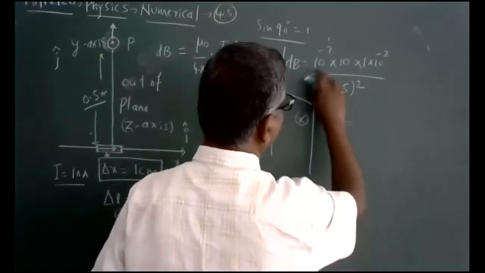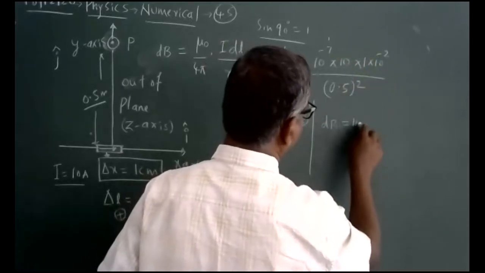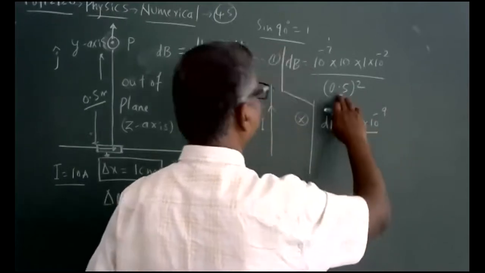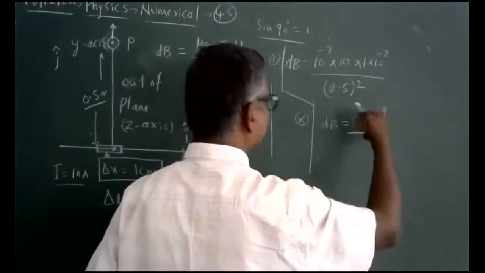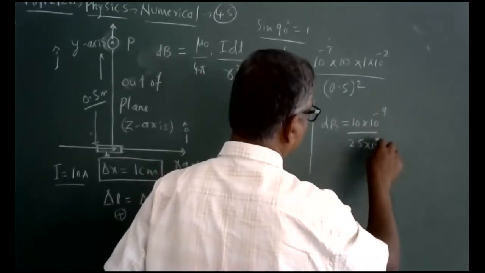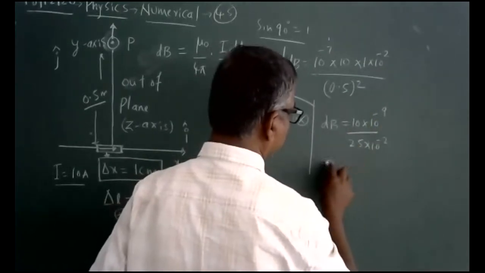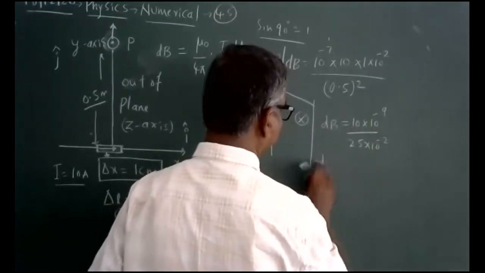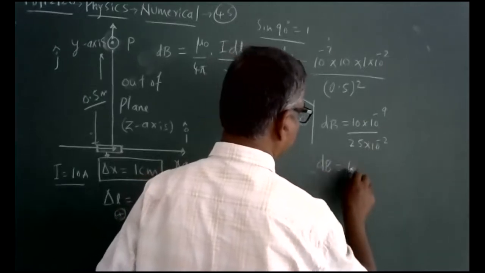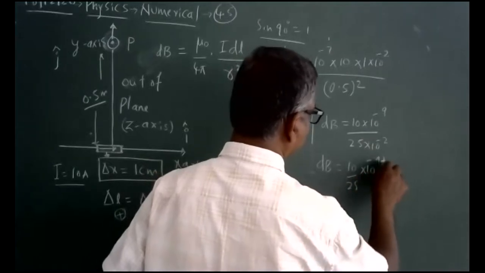dB is equal to 10 raised to minus 7 into 10 raised to minus 2, and the 10 becomes 10 into 10 raised to minus 9. In the denominator, 0.5 is 5 into 10 raised to minus 1, so squared it becomes 25 into 10 raised to minus 2. Minus 2 in the denominator becomes plus 2. So dB, this magnetic field, is equivalent to 10 upon 25 into 10 raised to minus 9 plus 2.